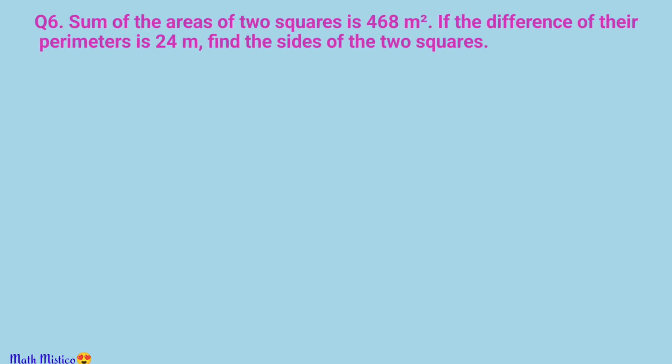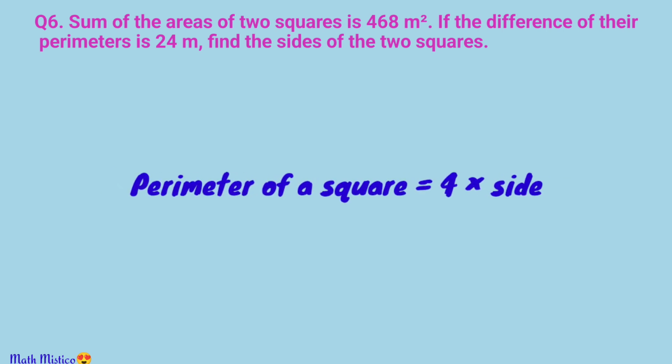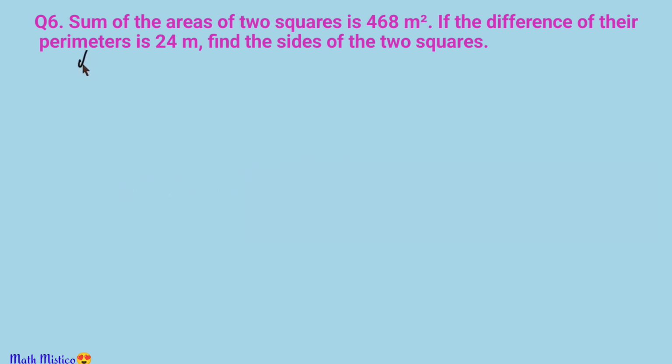In the next situation, sum of areas of two squares is given and difference of their perimeter is 24 meters. We have to find the sides of the squares. As the relation between the sides is not given, we will consider the perimeters. Perimeter of a square is 4 into side. So let us take the side of the smaller square as x meters.